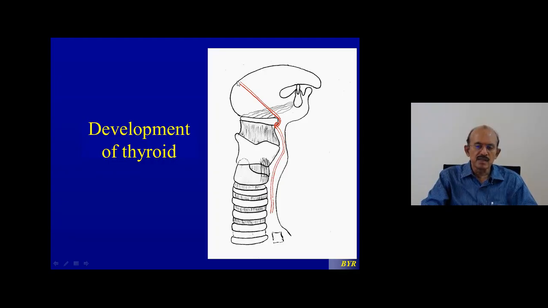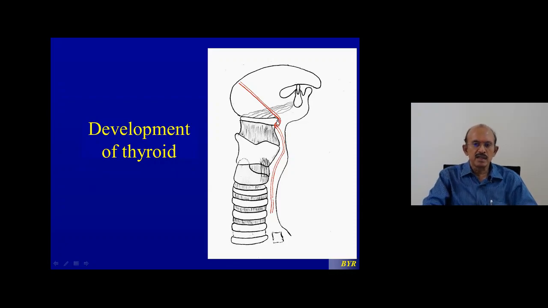It passes through the substance of the tongue, then in between the two mylohyoid muscles, and comes to the hyoid bone. At the hyoid bone, it is very closely related: either adherent to the hyoid bone or passing through it. You must remember this point.